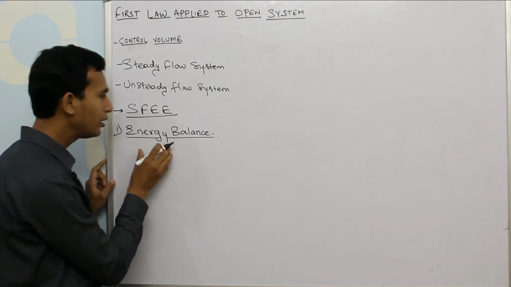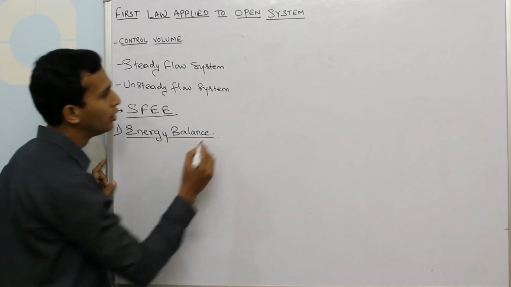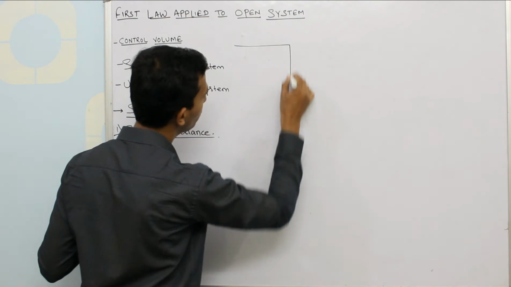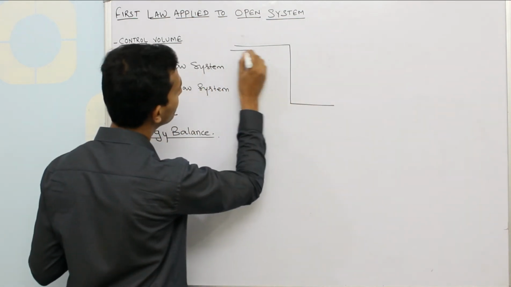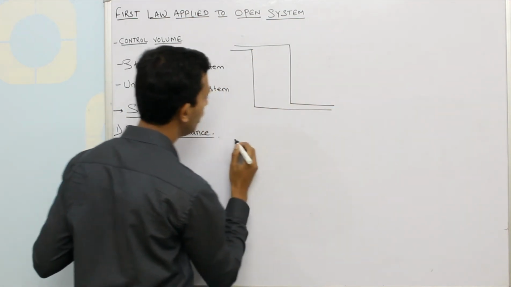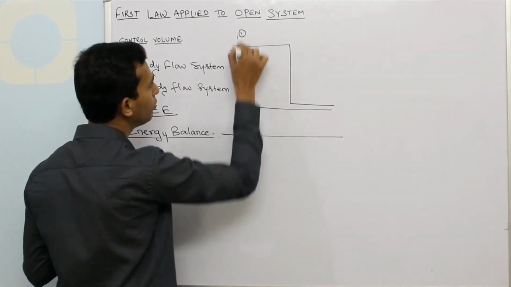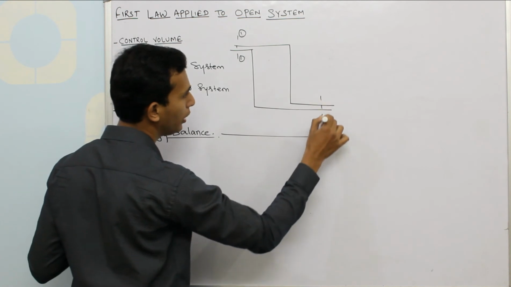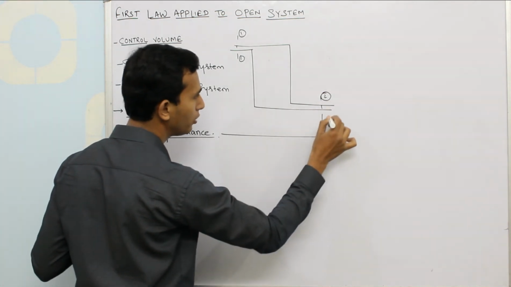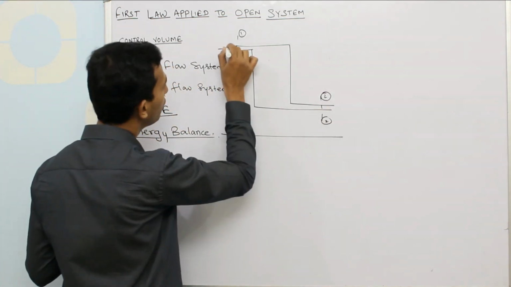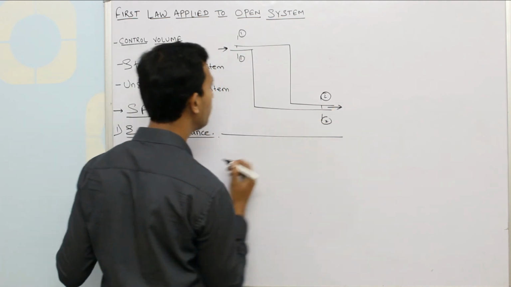In order to understand this, we need to have a diagram. So, let us say there is a system like this and there is a datum here. So, this is an input. So, this is our point number 1, this is exit, this is point number 2. So, here the fluid enters, here it leaves the system.